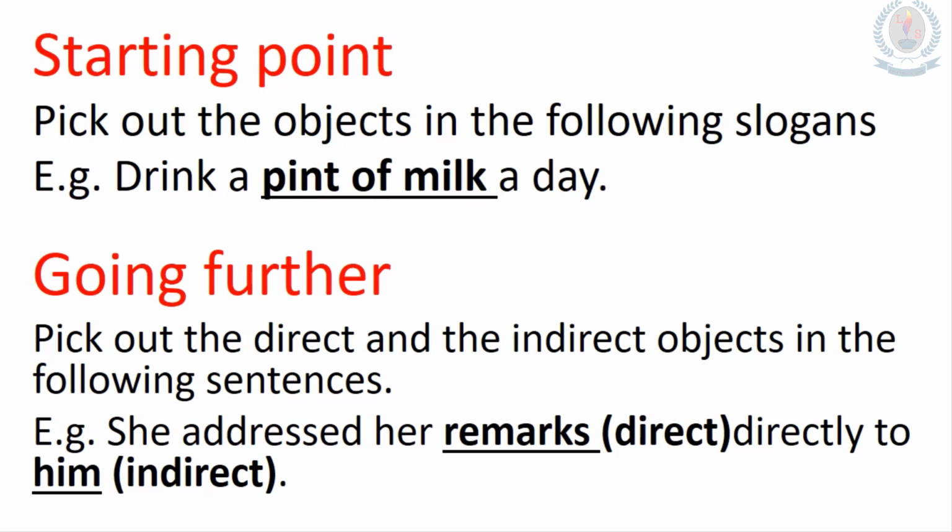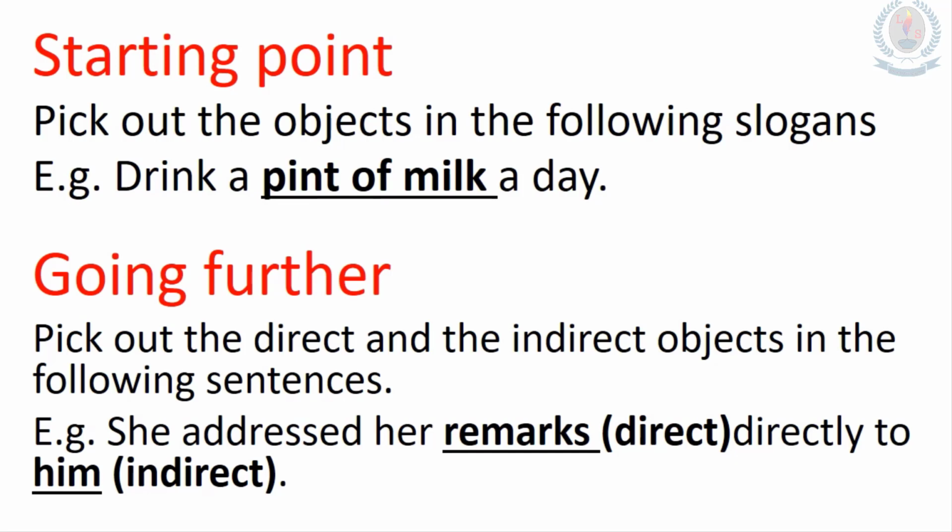Okay. Let's go to going further now. Pick out the direct and the indirect objects in the following sentences. Here you can follow the method that I told you. Go to the verb and ask the question. When the verb gives the answer, it is the direct object. The other object is the indirect object. Okay, let's go to the example. She addressed her remarks directly to him.